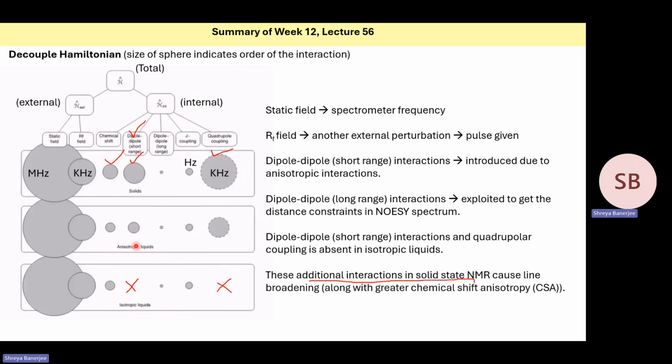Anisotropic liquid is somewhere between solid and isotropic liquid. So you can see that you do have this dipole-dipole short-range interaction and quadrupole coupling, but the magnitude is smaller.